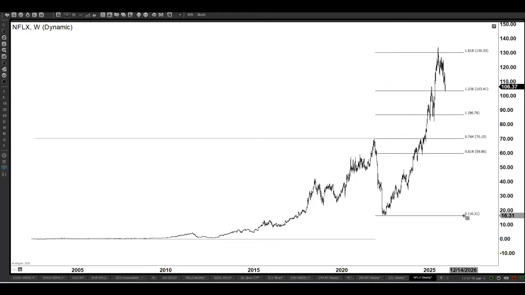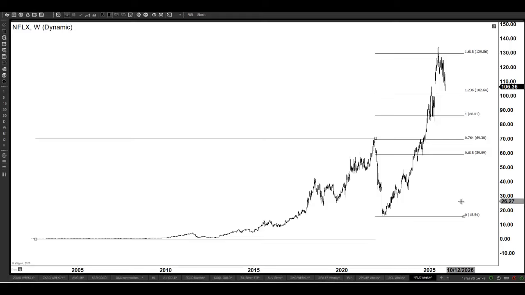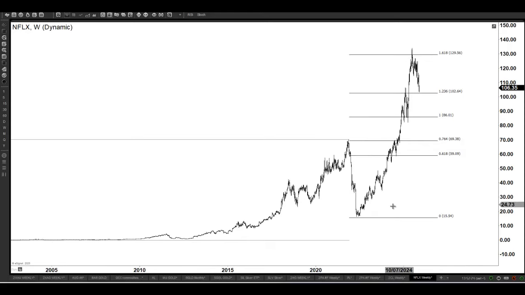Exactly, because you need to use the right way to use Elliott Wave. So, look, it reached the target. Perfect. But Netflix can be laboring in many ways.